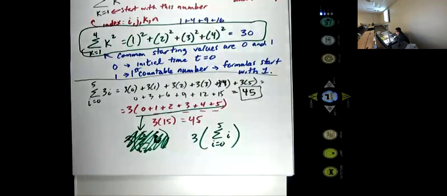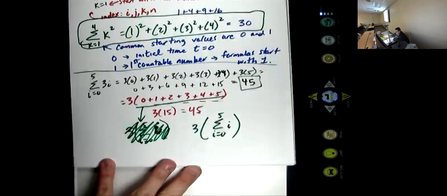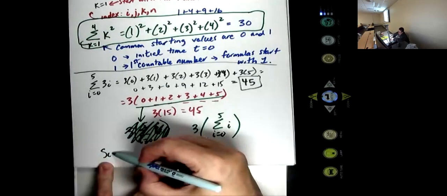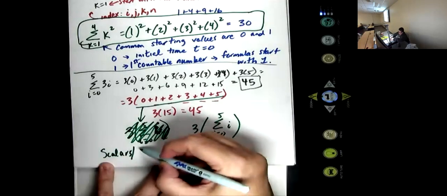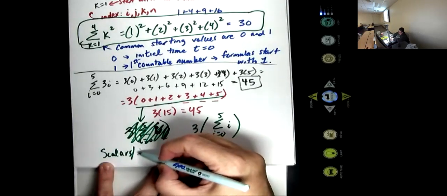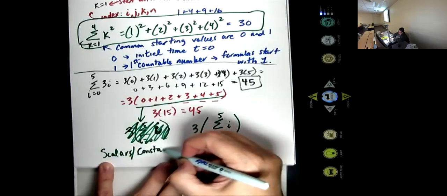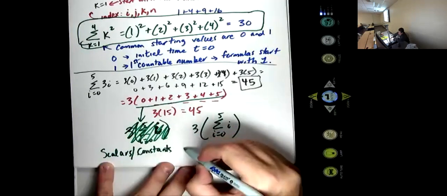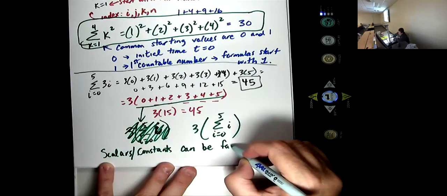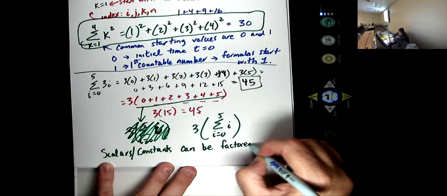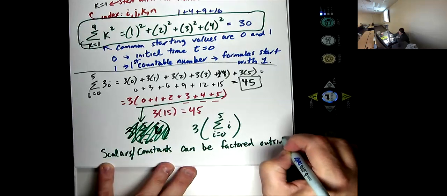There we go. So scalar multipliers, that's what they're called, scalars, or the constant multipliers, can be factored out outside the summation.